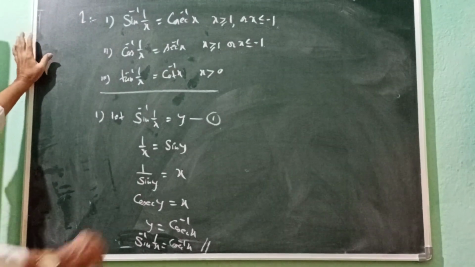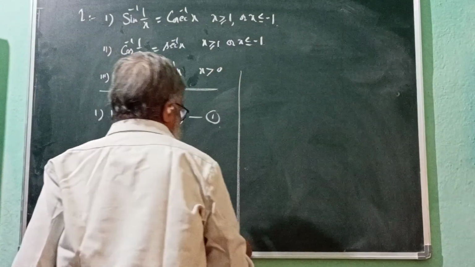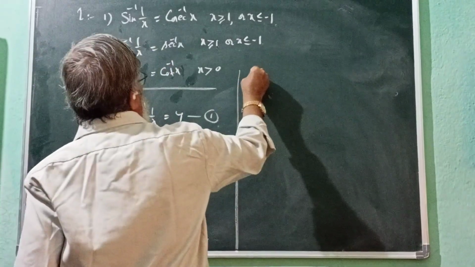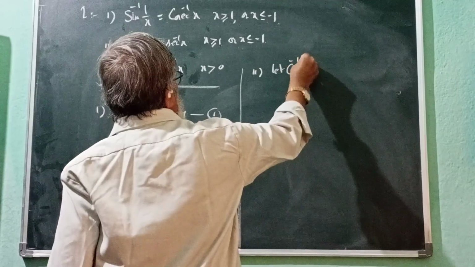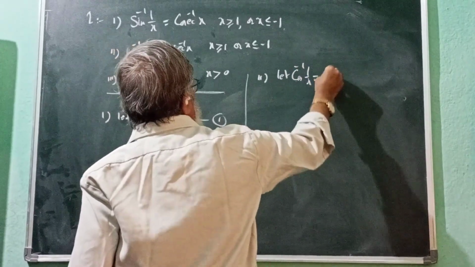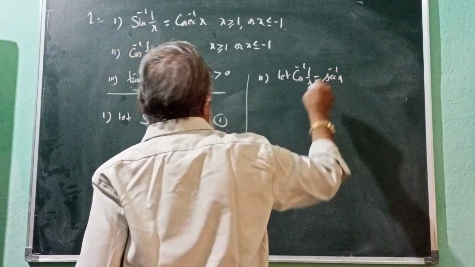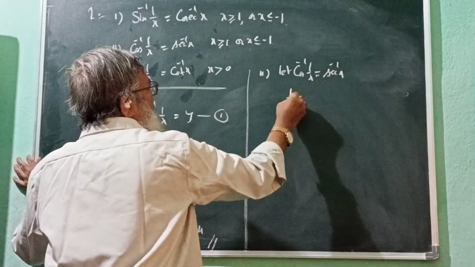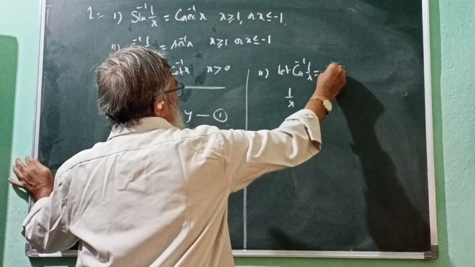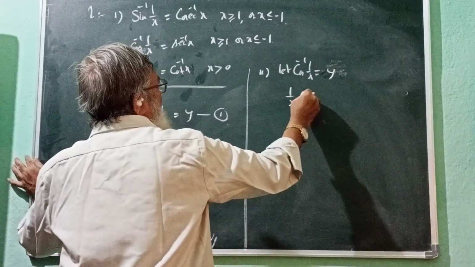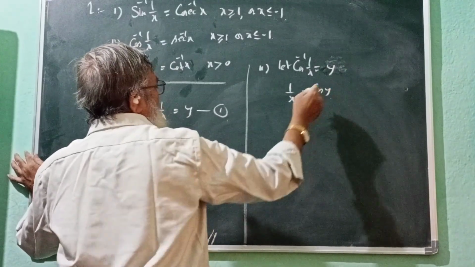Similarly, we do the second one in the same line. Let y be cos inverse 1 by x, which we want to show is equal to sec inverse x. Now by the definition, 1 by x is equal to cos y.